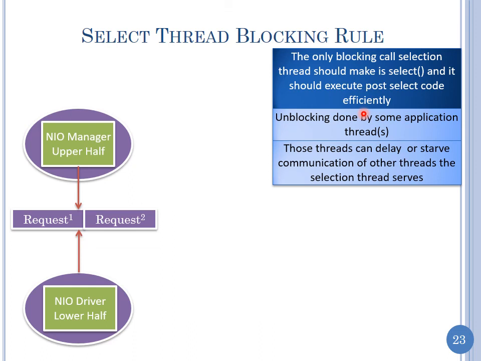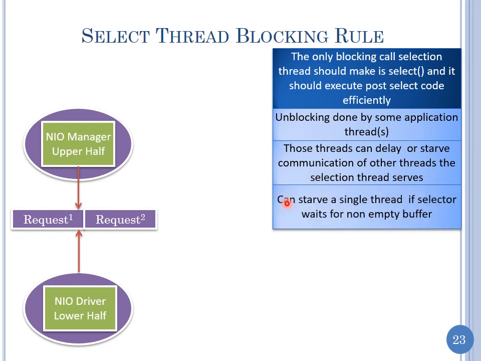So we have this deadlock situation. Okay. So whichever threads are going to unblock it, they can delay service to other threads that exist in the application, or just other logical activities that have to be done. Okay, maybe they're all done by the selector thread.